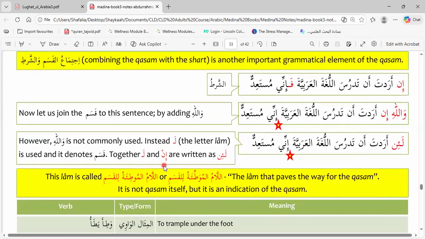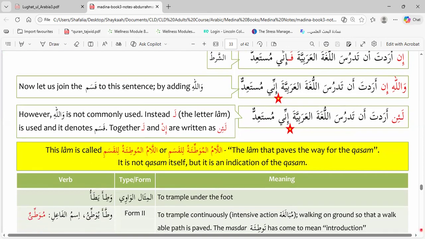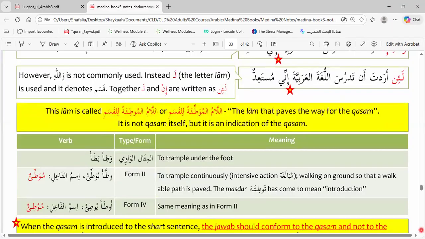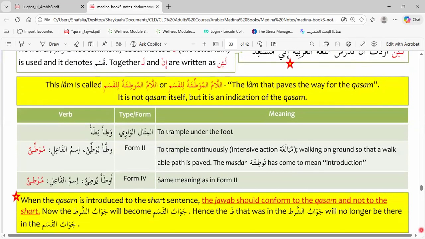Both of them are written together and emphasize the qasam. The lam is called lam al-mu'adhina lil-qasam, the lam that paves the way for qasam. It is not qasam itself, but an indication of qasam. On its own, it cannot be qasam, but it does denote it when it is connected.